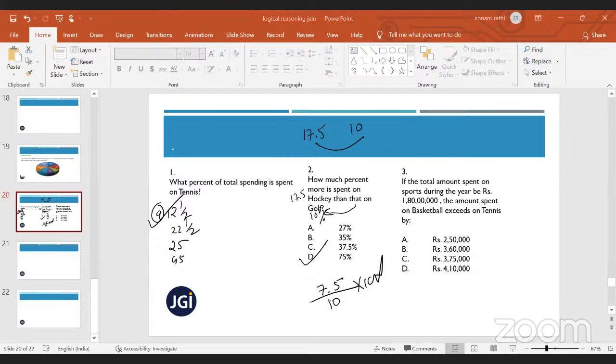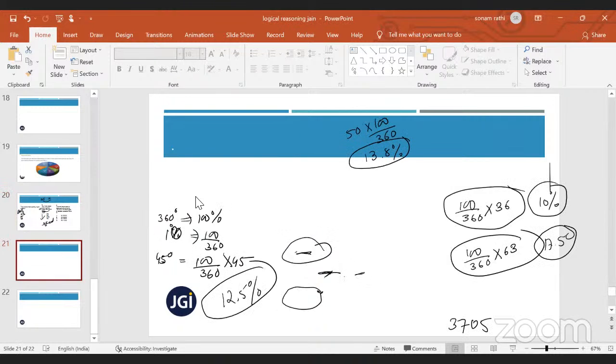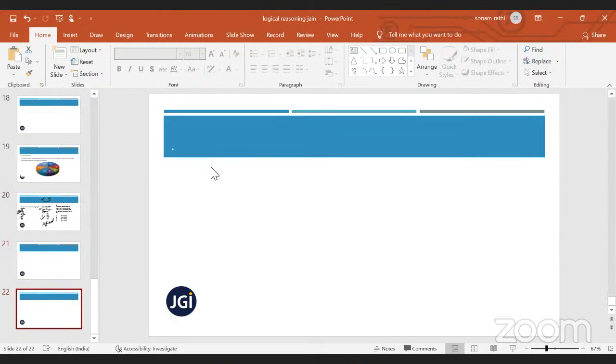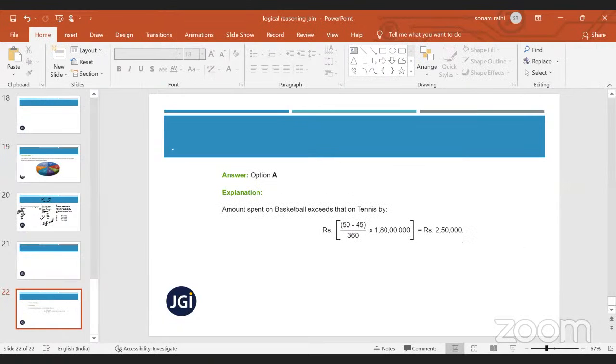Or you can do it directly by using degrees also. See, I'll show you how you can do it directly. Directly degree to number. So 50 minus 45 upon 360. Earlier we were writing 100 because that was in percentage. Now since it's in degrees, we can do it like this.